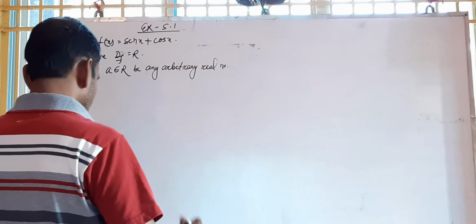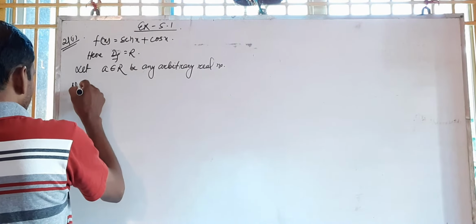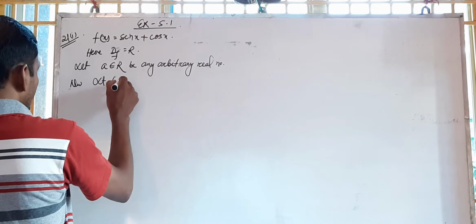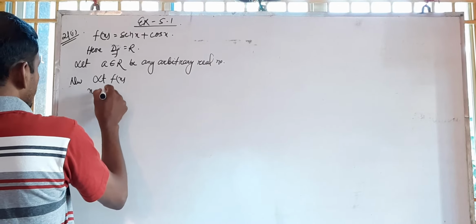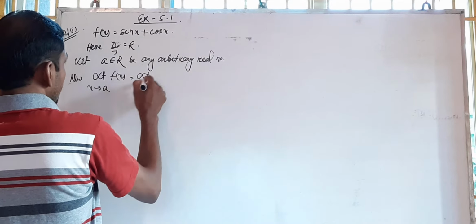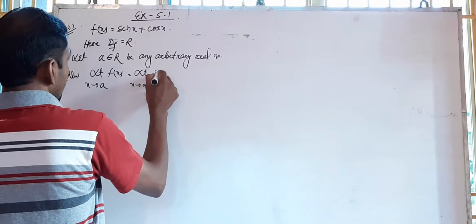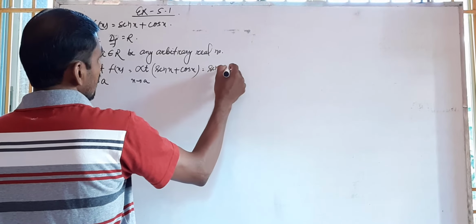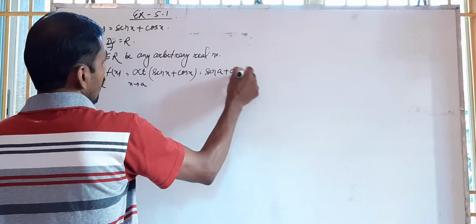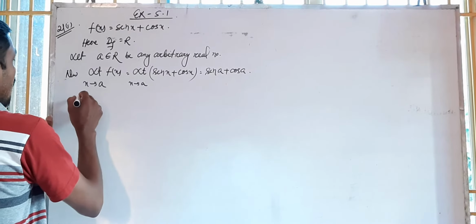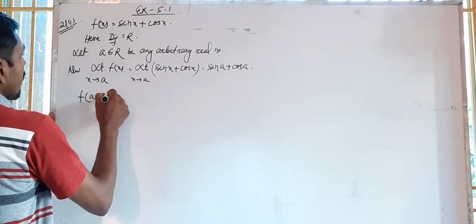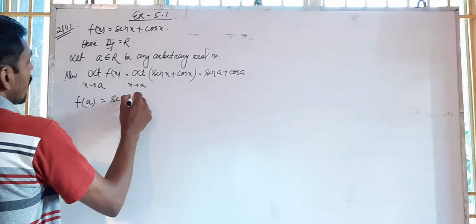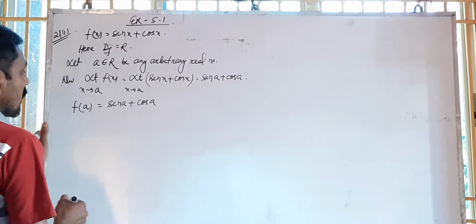Okay. Now the limit of f of x as x tends to a: the limit is sin x plus cos x, and what is this? Sin a plus cos a, and what is f of a? f of a is also sin a plus cos a.